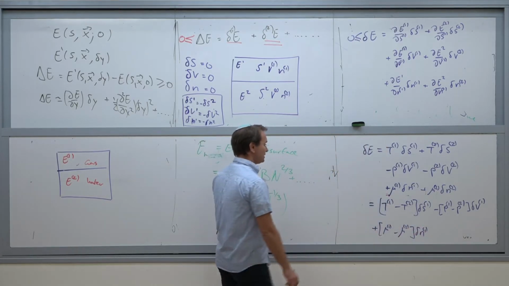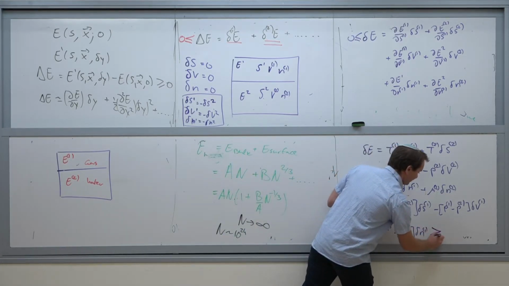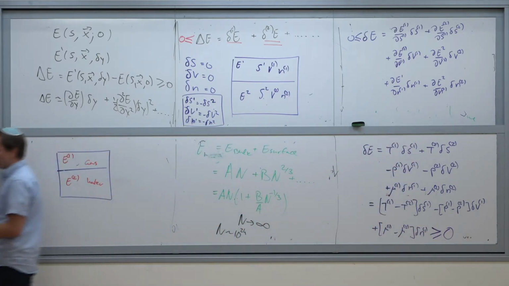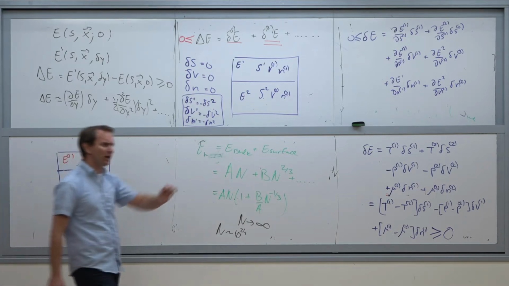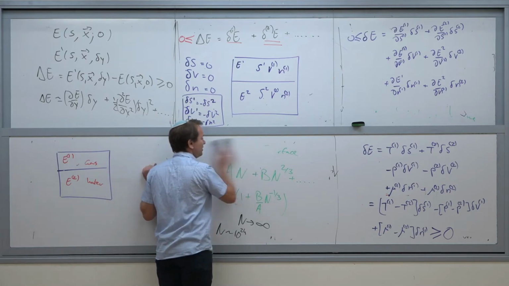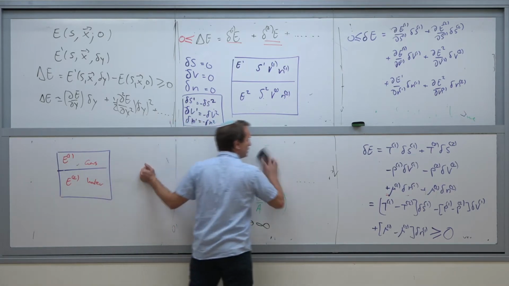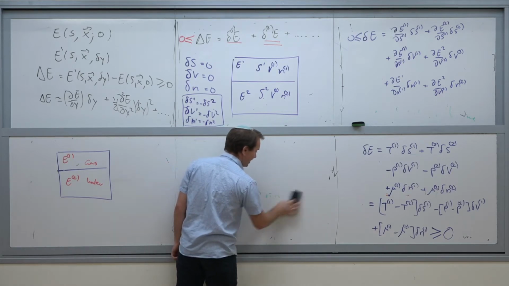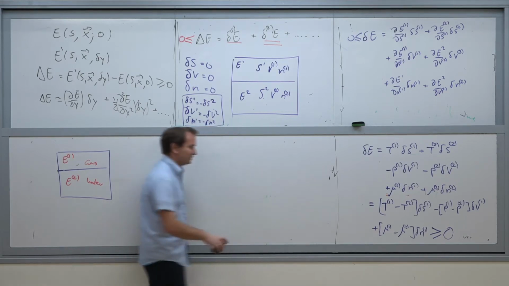And all of this is greater than 0. Always. What I mean by always, no matter how I apply the constraint, no matter what was the fluctuation that changed the different extensive variables of the two systems, okay? The change in the energy should be positive.